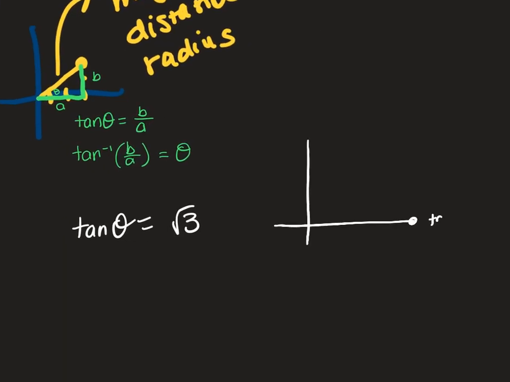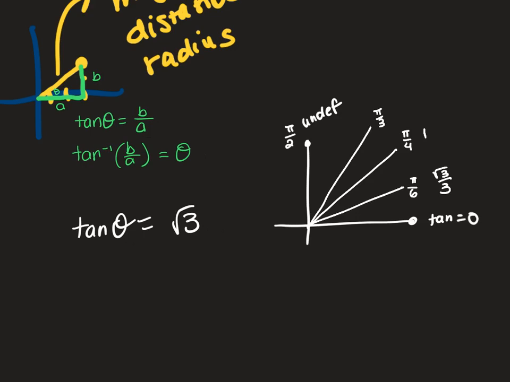At 0, tan is 0. At pi over 2, it's undefined. At pi over 6, it's root 3 over 3 because it takes 2, 3 to make 6. At pi over 4, it's 1. At pi over 3, it's root 3. So that will give you the reference angle.